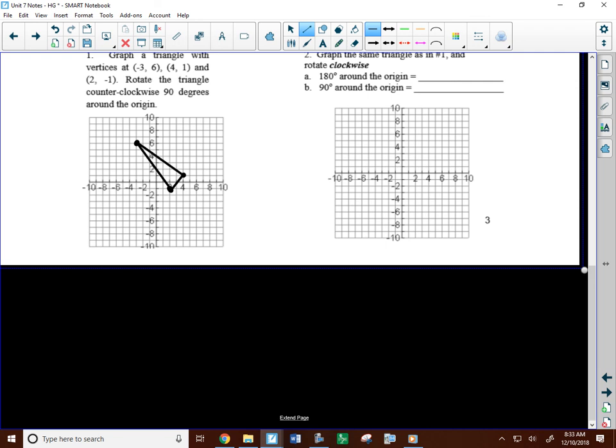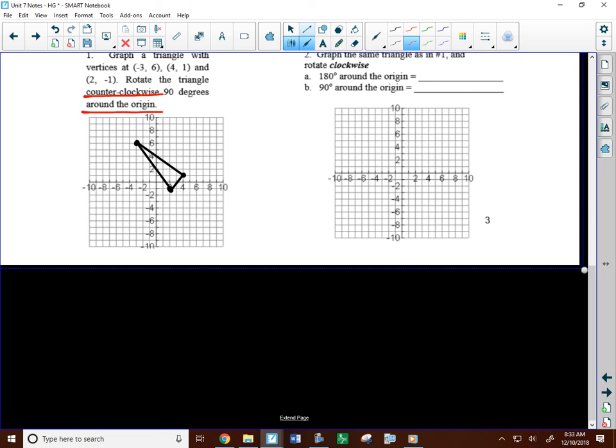They didn't give it. We can label it ABC if you wanted. Rotate the triangle 90 degrees counterclockwise around the origin. All these rules, I don't know if I mentioned, are around the origin. They would not work if it was around a different point. This section for now is just around the origin, not around other points.